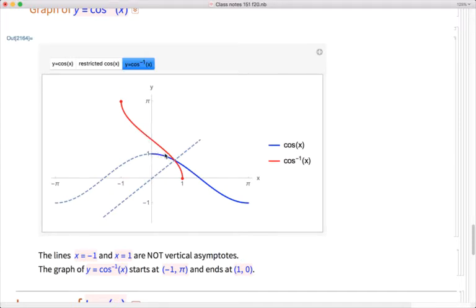We see it is, I think, an accurate reflection across the line y equal x. Once again, these vertical lines at x equal -1 and x equal +1 are not vertical asymptotes. Moving from left to right, the graph of inverse cosine starts out at -1, pi and ends over on the right at 1, 0.